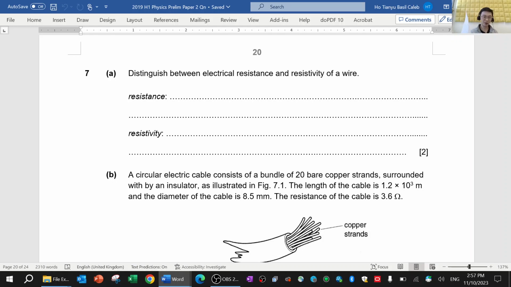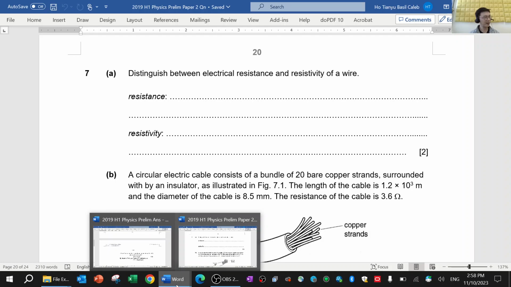Okay, now I'm going to start question 7. Very nice. If you give me a choice, I would choose question 7, hands down, because just looking through, it seems to be a lot easier.